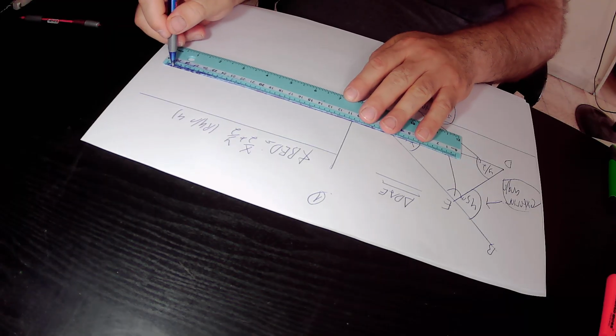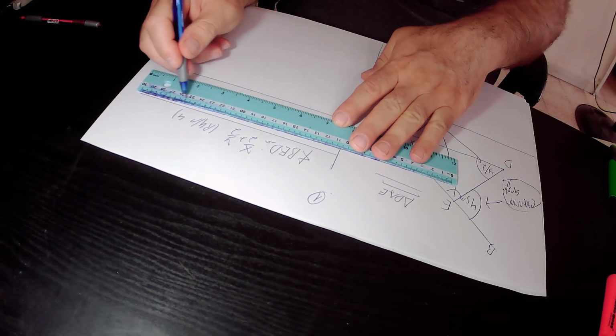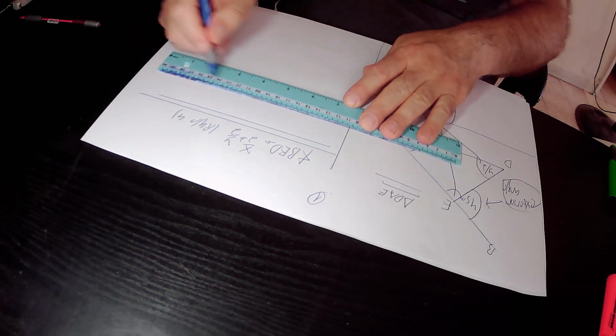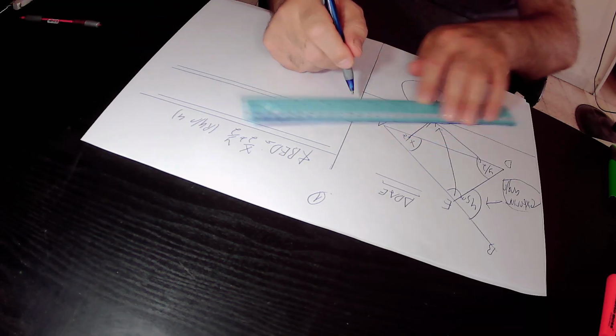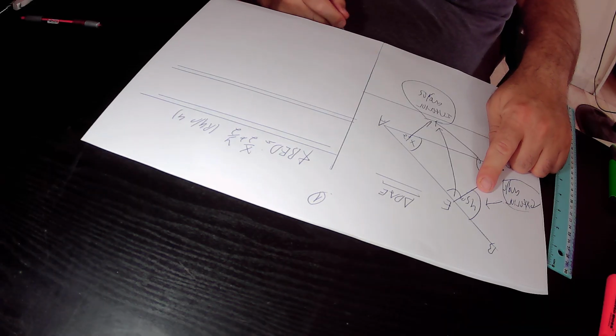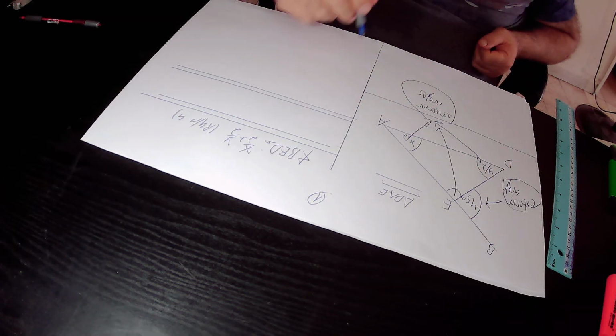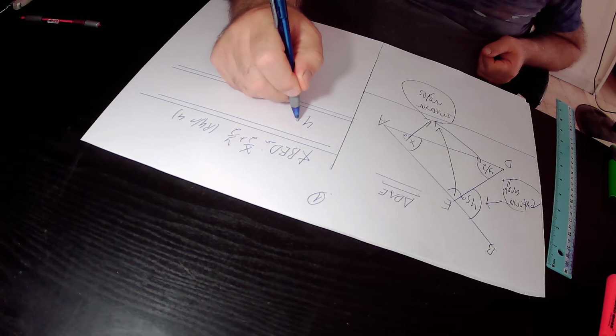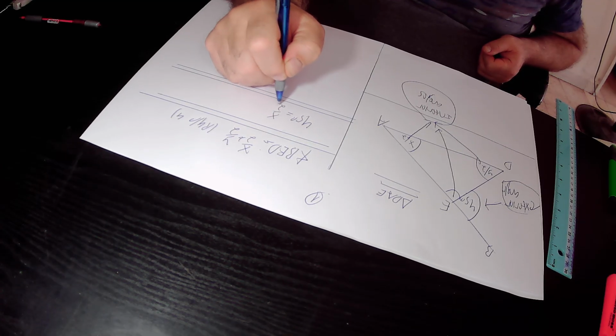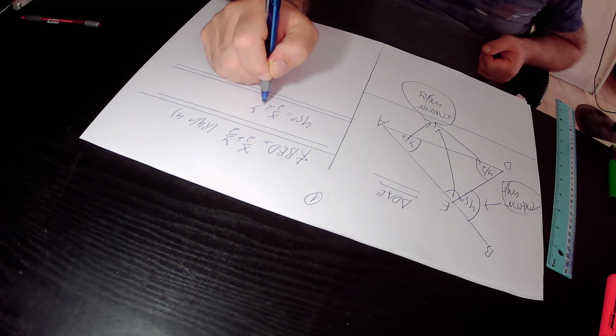But it is given in the question that the size of angle BED is 45 degrees. So 45 degrees equals x over 2 plus y over 2.